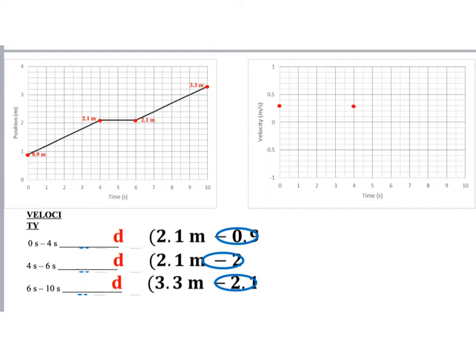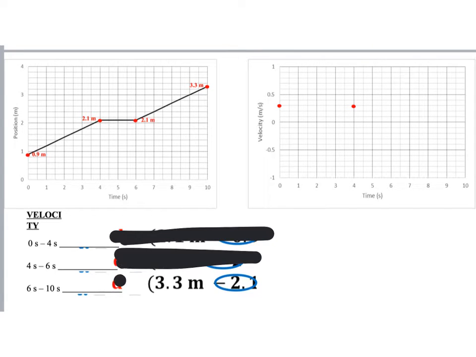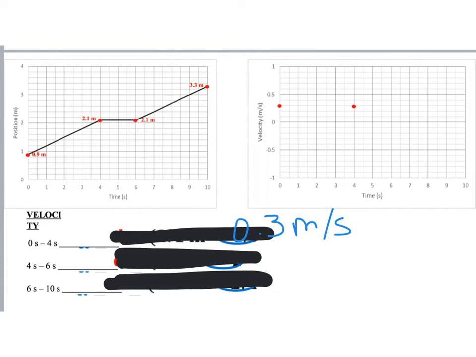So the first thing that you'll do is take your known velocity, and excuse me while I make some corrections over here. You know that your velocity between 0 and 4 seconds is going to be a constant 0.3 meters per second. So what we've done is make a dot.